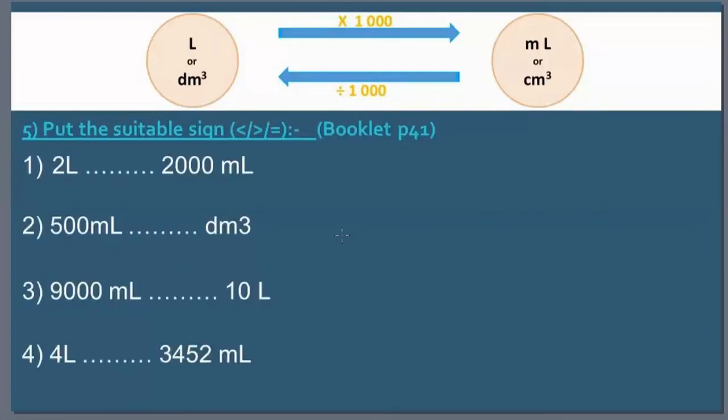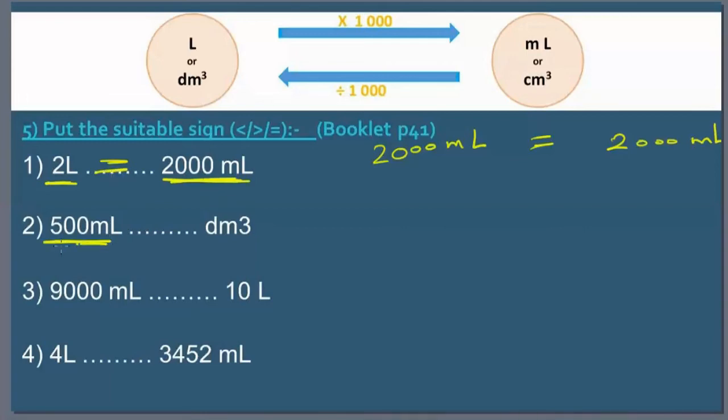Put the suitable sign: smaller than, bigger than, or equal. Number one, I have 2 liter and 2,000 milliliter. 2 liter gives me 2,000 milliliter, and the other number is 2,000 milliliter. So they are equal here. So the first one is equal.